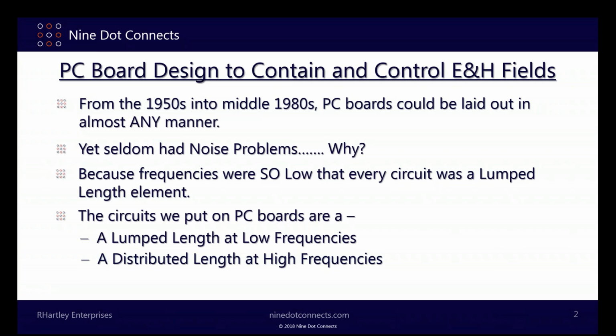You usually need to terminate the transmission lines themselves. You need to be cognizant of things like crosstalk and power distribution. All of these things matter, and it's at distributed lengths that things become critical. They were lumped back in the day.